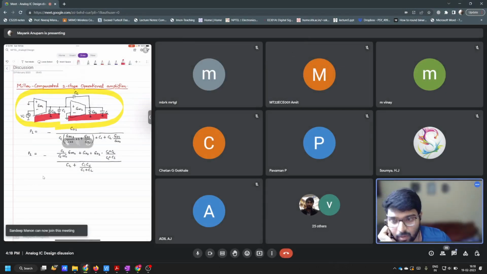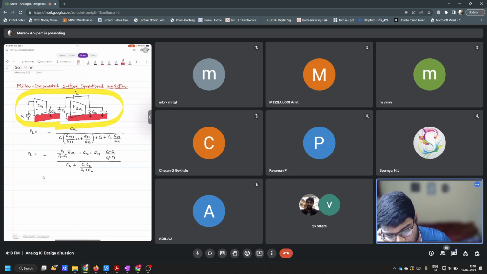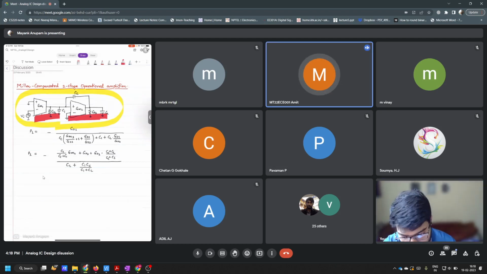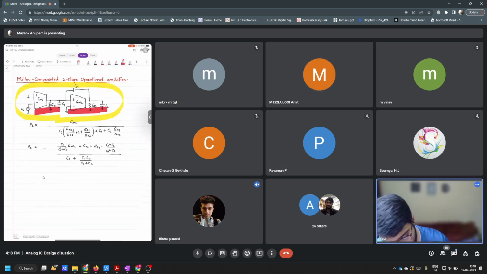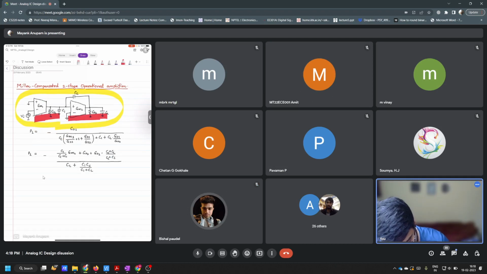And why is it called a Miller-compensated op-amp? Due to gm2 by gO1 plus 1. Correct. So you see that the pole expression that we found was this one, right?